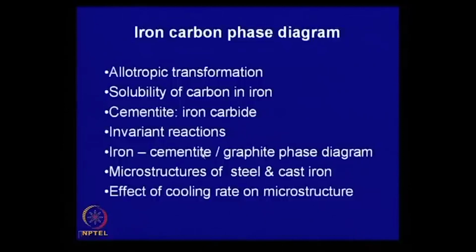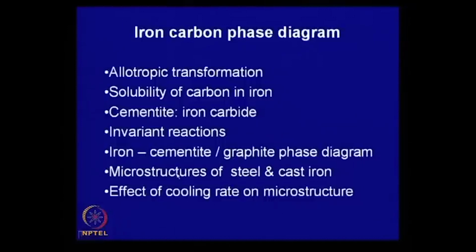Later on, we will also talk about the iron graphite phase diagram, because graphite is the most stable phase of carbon, and how this diagram changes when cementite breaks down to graphite.